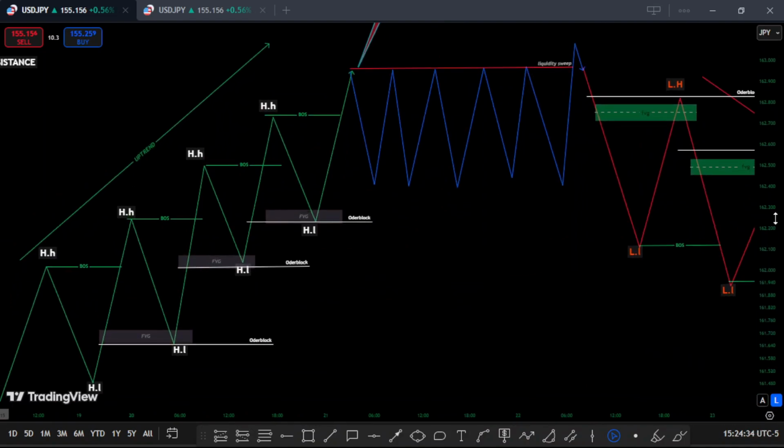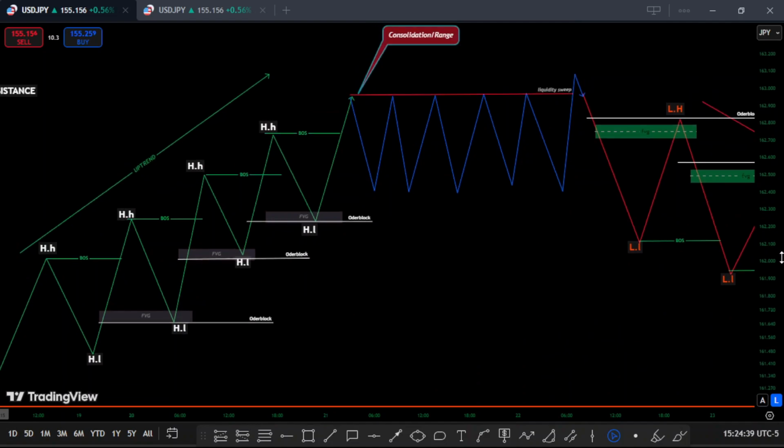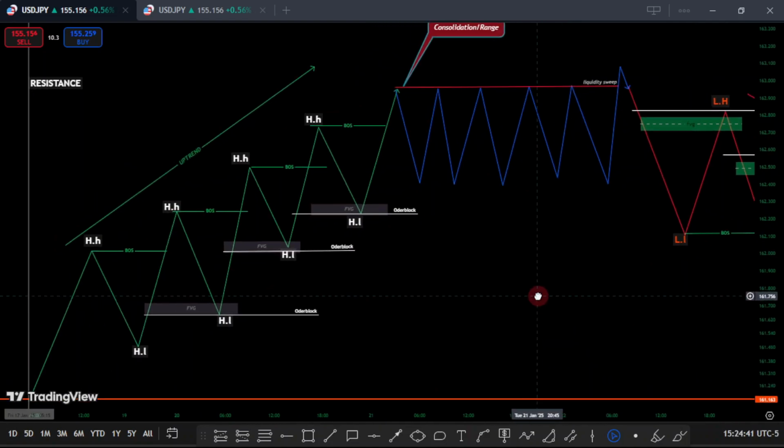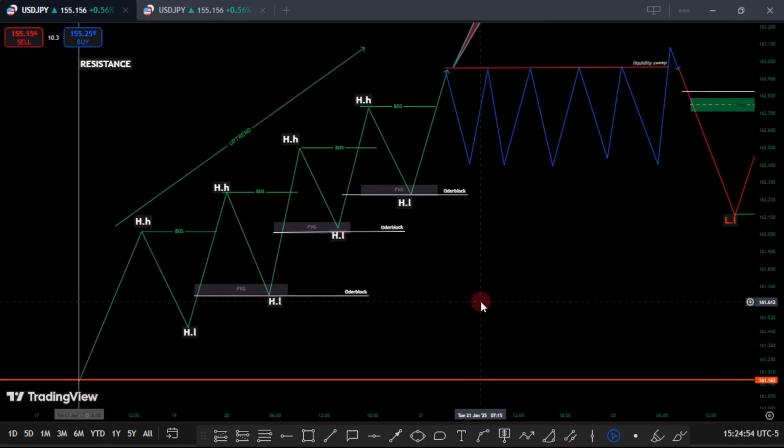Here are the key advanced concepts that you need to master when approaching the market, in a way of trading the market and not just analyzing and entering your positions. So that comes to another topic of advanced market structure.